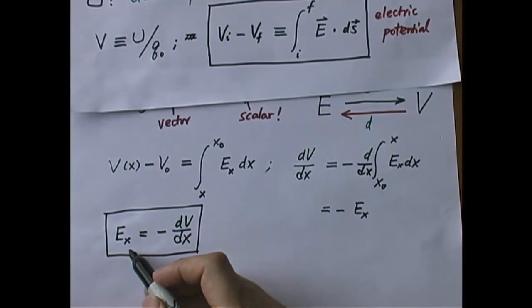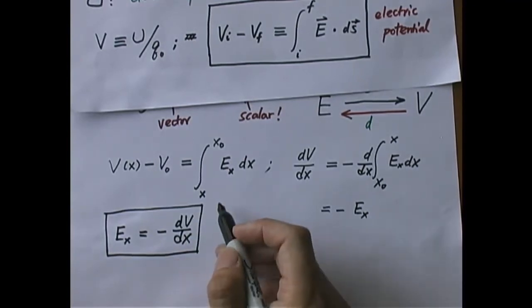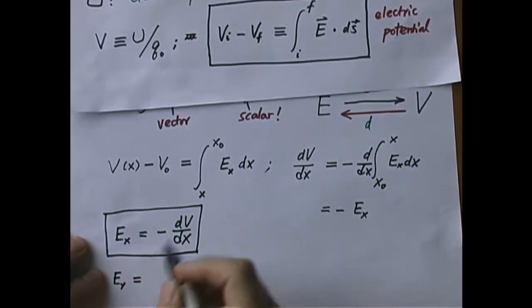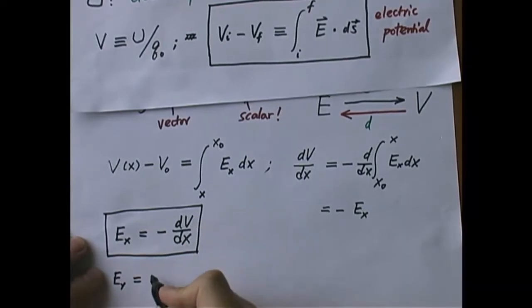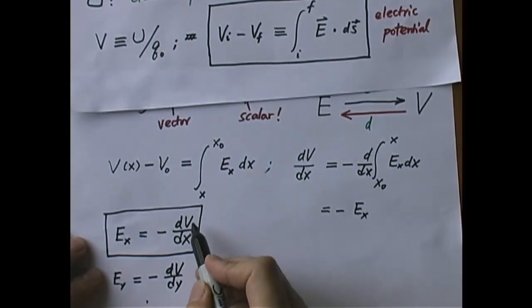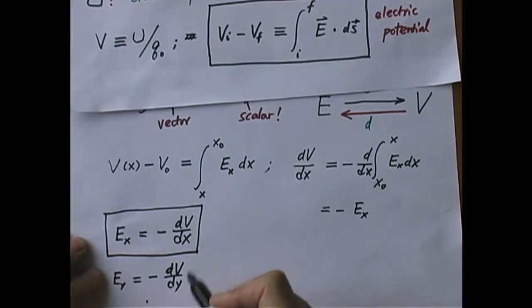Similarly, how does one calculate the y component of the electric field? What is Ey equal to? If you do a similar calculation, you will get negative dV dy, and so on. Now, in general, V can be a function of both x and y. In fact, it can be a function of x, y, and z.